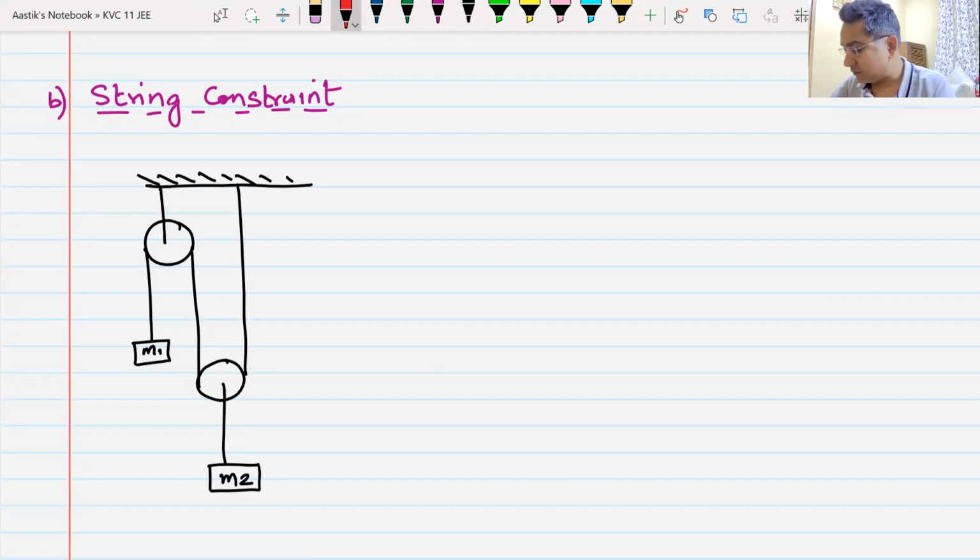This is string number 1, and this is at least string number 2. Depending on how this pulley is attached, it could be a string, it could be a fixed joint, doesn't matter. These two blocks are now not attached by the same string. They are attached by different strings. Do we see this? Yes or no?